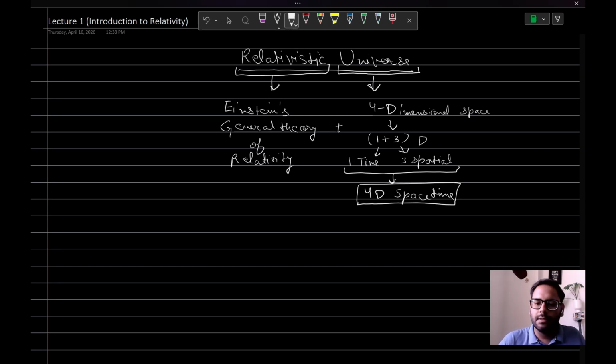We combinedly call it the four-dimensional space-time. At the level of this course, we are just considering three spatial dimensions. No further dimensions we are taking.